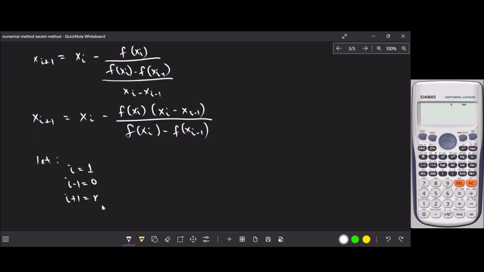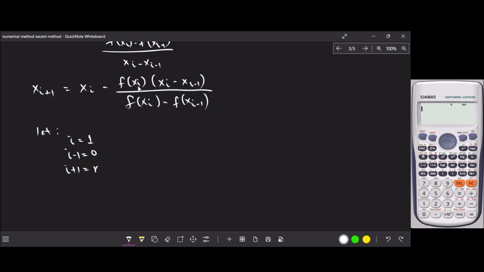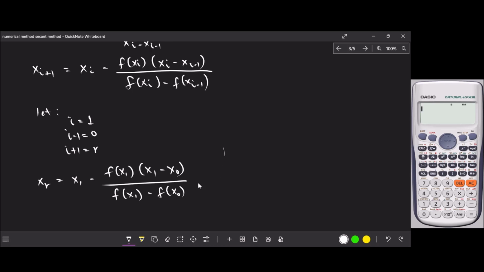Therefore, we have the formula xr equal to x1 minus f of x1 times x1 minus x0, over f of x1 minus f of x0. And this is now the formula for our second method.